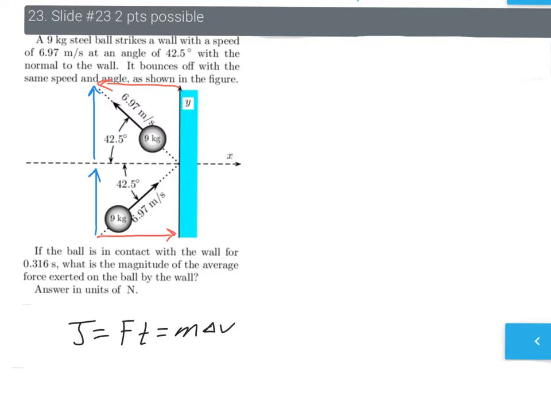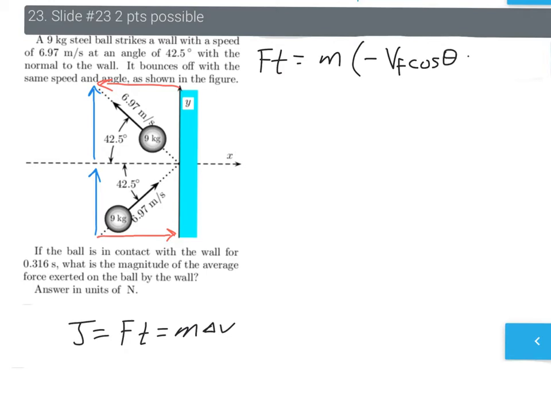So let me expand out this equation. Force times time is equal to mass multiplied by the final velocity. Final velocity is to the left, so that means it's going to be negative. And that velocity is VF cosine theta.